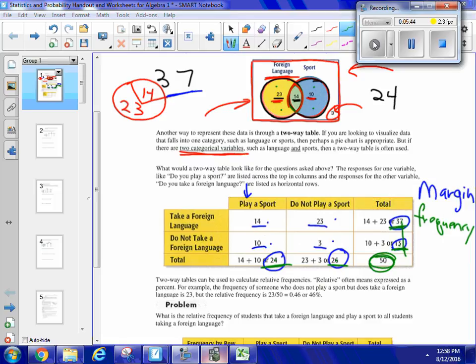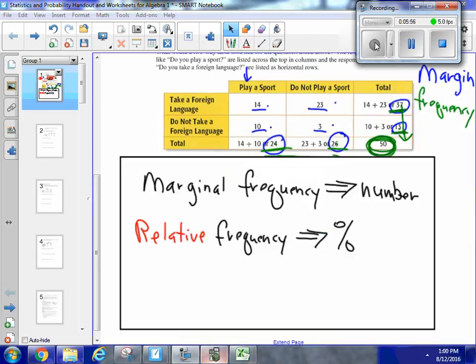If your addition of the margins going down and going across does not give you the same number, then you've got a problem, and you've got to go back and look at your numbers. Now, if you're asked for a marginal frequency, that's going to give you a number. So the marginal frequency of people who take a foreign language is 37.